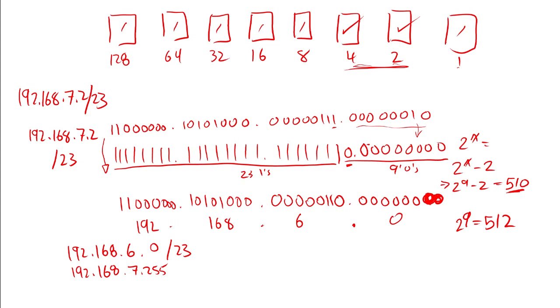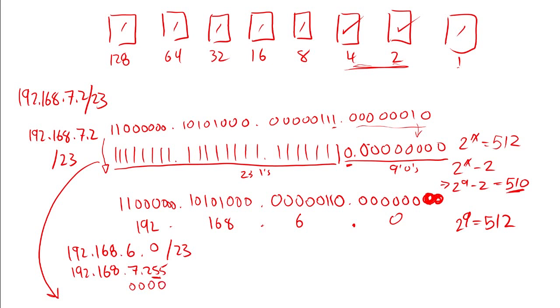But if you couldn't tell by looking at it, then there's another way, and that way is to flip the subnet mask. Actually, the second way is 2 to the x. You know 2 to the x is 512, and you can just add 512 to this. But since these only go up to 255, the maths are kind of tricky. So the third way is you flip the subnet mask, turning a 1 into a 0 and a 0 into a 1.